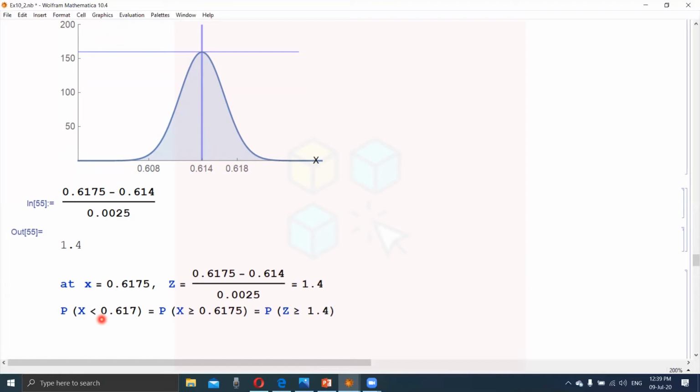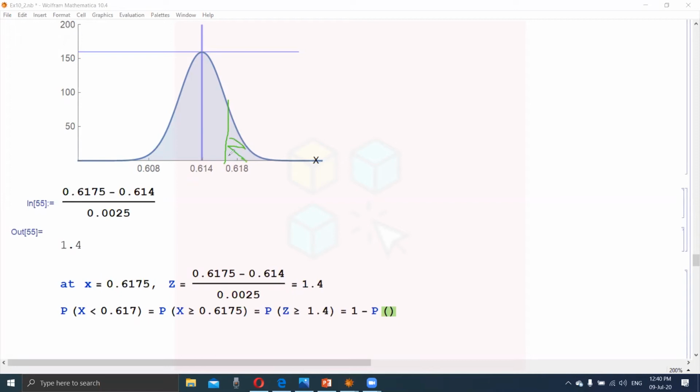and we know by the theorem that the table values are available for the probability z less than. So for the greater than sign, we will replace it by 1 minus the probability z less than 1.4, because the greater area is required, and the whole probability from minus infinity to plus infinity is 1. For example, this is the shaded area and we have to find this one.